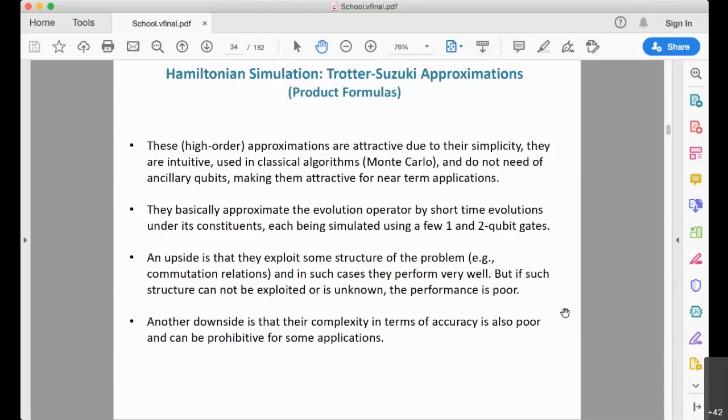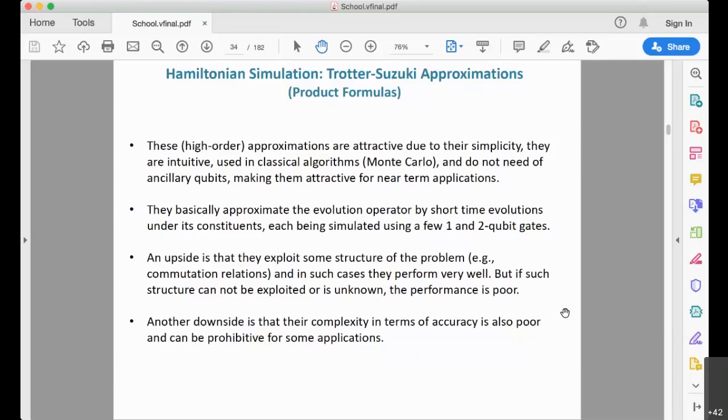One nice feature of these product formulas is that they exploit some structure of the problem, some structure of the Hamiltonian, such as the commutation relations. And when such a structure can be exploited, they perform fairly well. Not only are they simple, but their complexity is fairly good. But if the structure cannot be exploited or is unknown, the performance at the end may be poor compared to other methods.